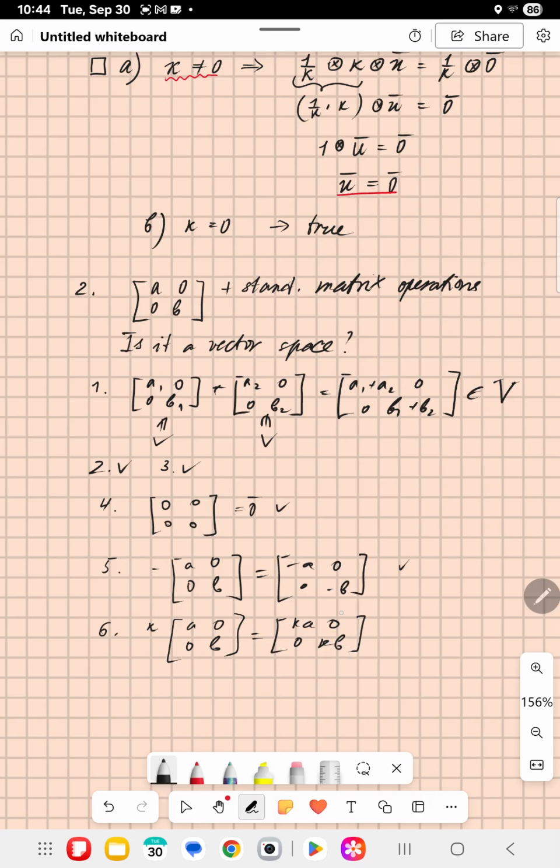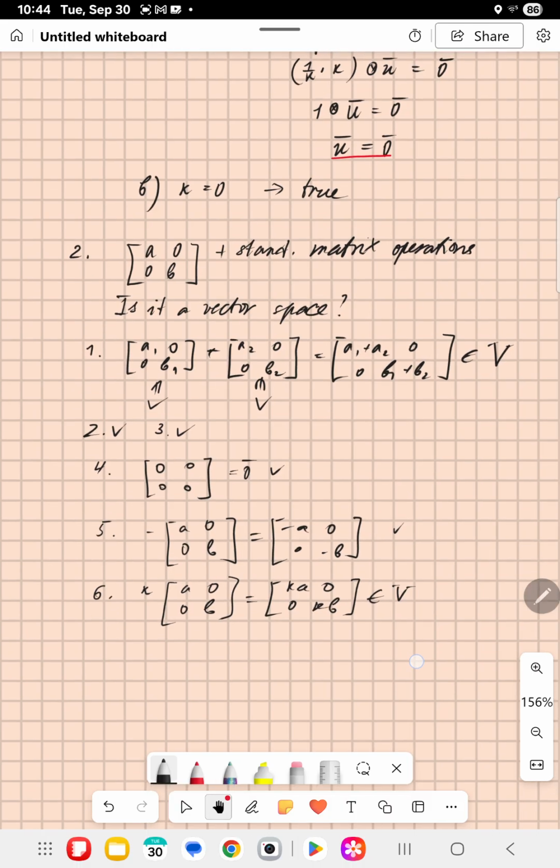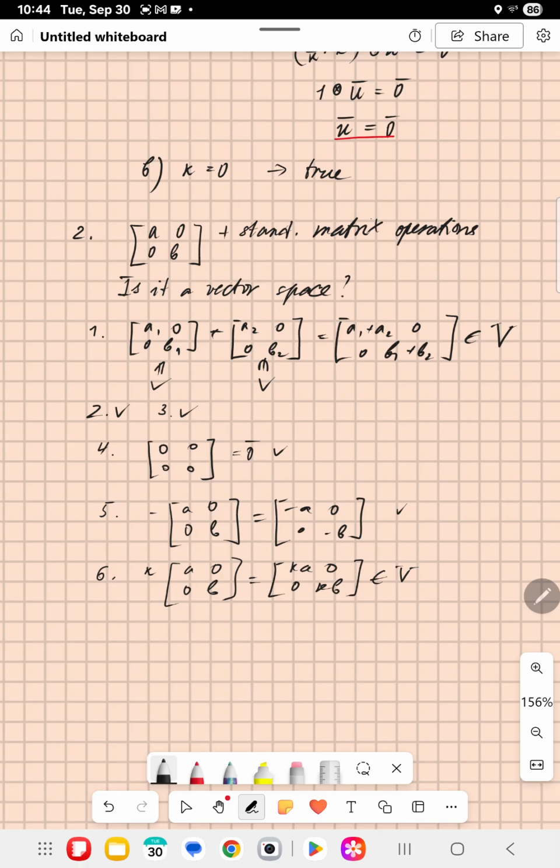These two zeros multiplied by K are going to give me 0. So it still belongs to the vector space. And axioms 7, 8, and 9 are going to just work because for matrices we do have them working. We're going to check them.